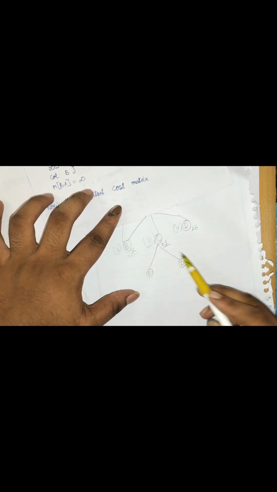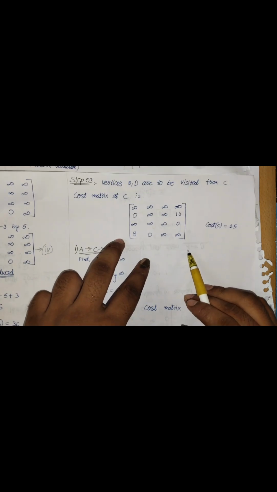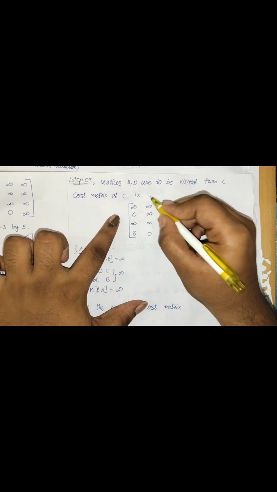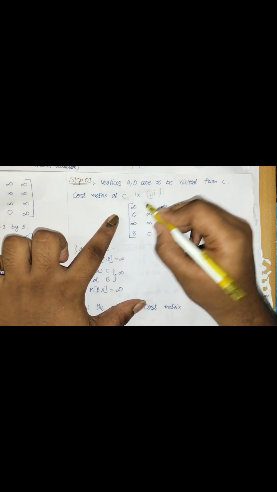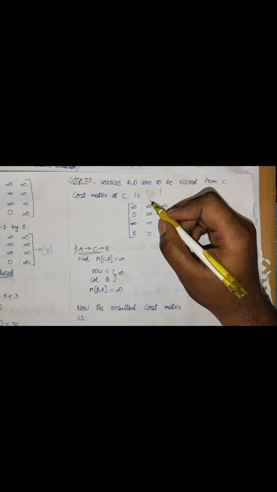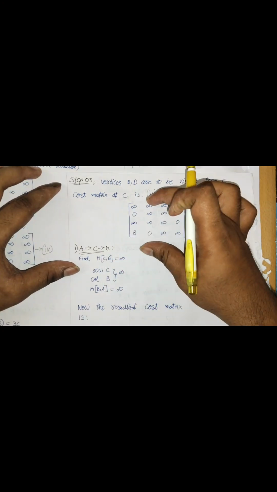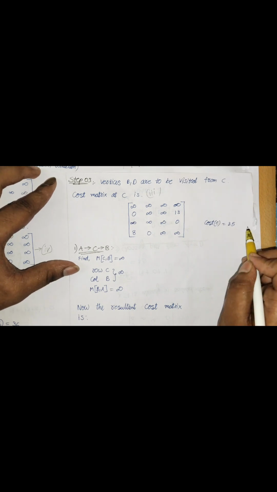Don't confuse the terms vertices and nodes, both are the same. The cost matrix at C is the matrix represented with Roman 3. This is the initial base cost matrix we have to use for the entire step 3. The cost of the parent, the cost of node C, is 25. Remember these two terms.